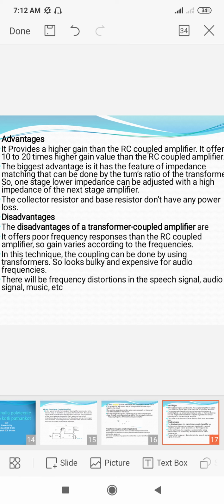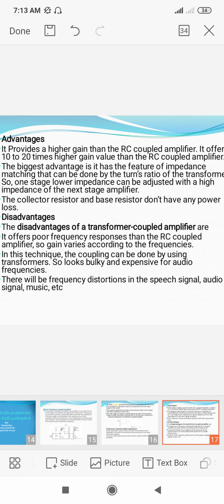So the lower impedance of one stage can be matched with the high impedance of the next stage amplifier. The collector resistors and base resistors don't have any power loss. These are the advantages of the transformer coupled amplifiers.